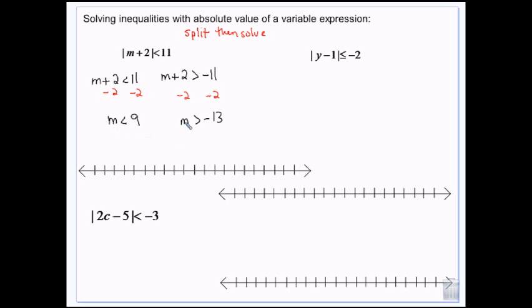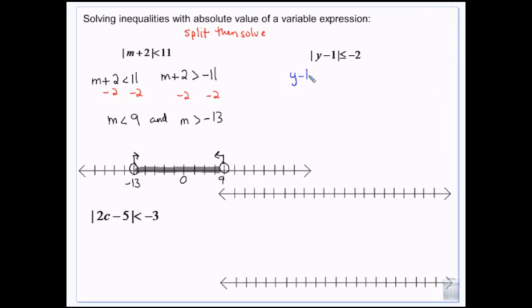So if m is less than 9, m is greater than negative 13, this is an and. I'm just going to randomly pick spaces and say that they're that far apart. I have greater than negative 13, less than 9, so I have this overlap. That's the part I'll shade.